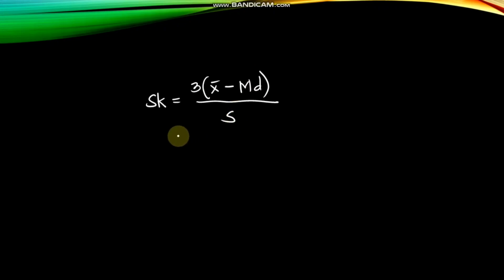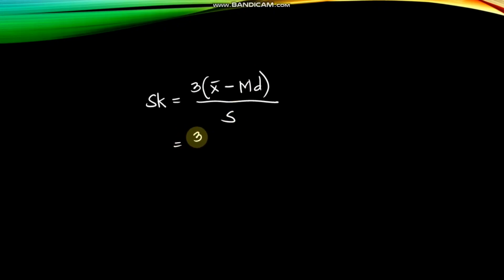Next, let us solve the skewness. What was our formula earlier? The formula is, I will write it in white so it is clear. The color is white. So SK equals 3 times the mean minus the median over the standard deviation.